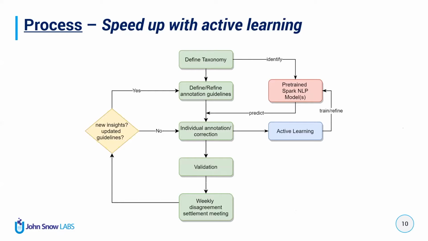Now there is another problem, the fact that the annotation process is very complex and error prone because it's done manually, and we have to find ways of speeding up the annotation process, in order to be able to process as many documents as possible in a short time with a short team of people, and in order to obtain a relevant corpus of training data for the model training.